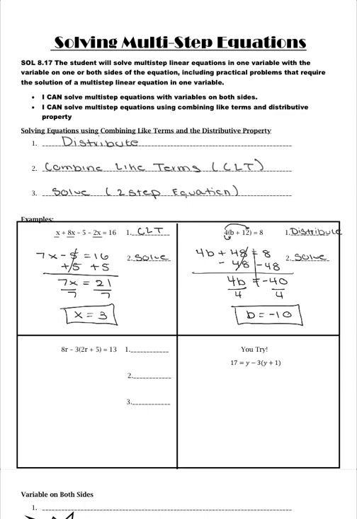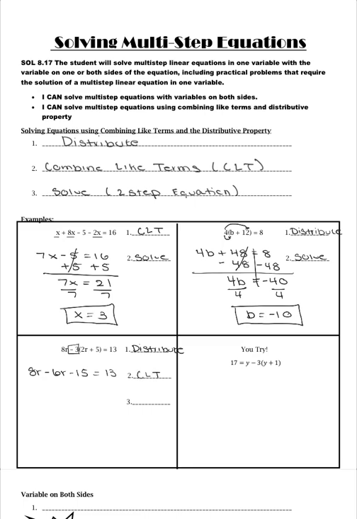All right, let's take a look at the third example. I'm going to distribute first. Here I have a negative 3, so I have to keep the sign with it. So distributing, I have 8r. Negative 3 times a positive 2r gives me a negative 6r. Negative 3 times a positive 5 gives me a negative 15. And that is all equal to 13. Now my next step is to combine like terms.